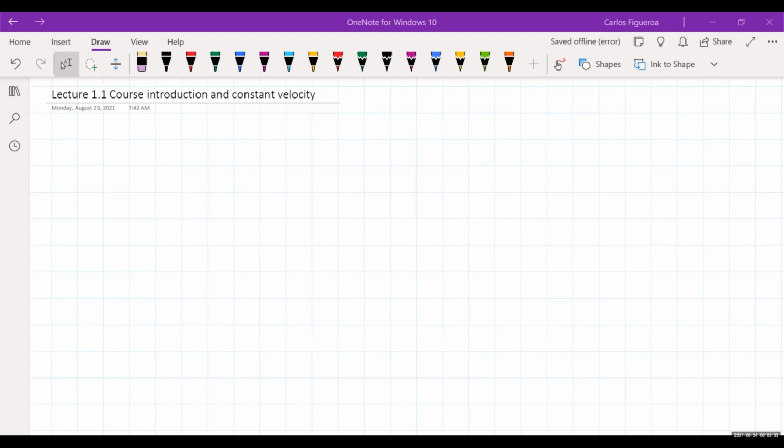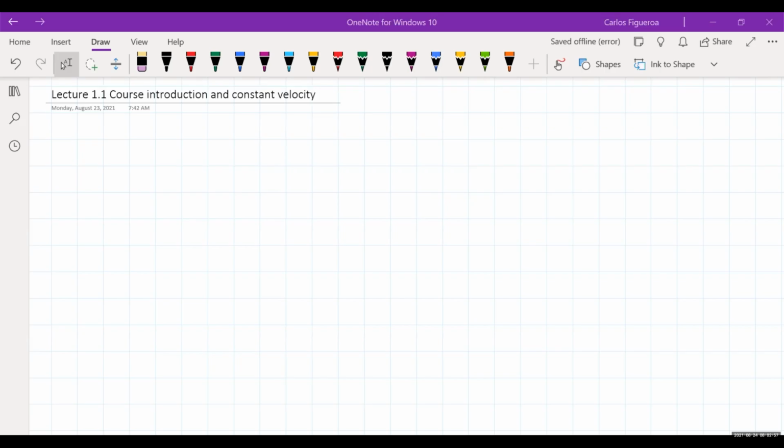Okay, so what I'm going to do here is organize my lecture. I'm a little rusty since I haven't been teaching for just a few weeks here, so I just want to make sure that I'm organized before I get started.